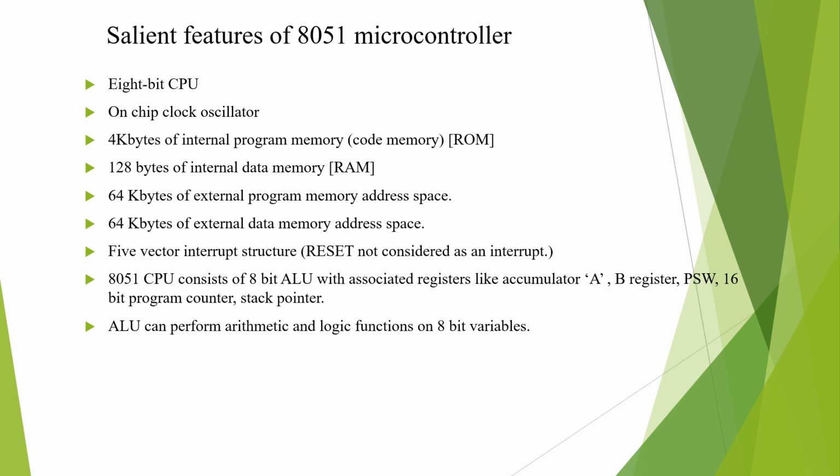In the case of 8051, there is a 4 kilobyte internal program memory, which is also known as code memory or instruction memory. Basically it is a ROM, because ROM is a non-volatile memory. When we use an embedded system, we use it for a fixed purpose, so there is no need to alter the code every time.